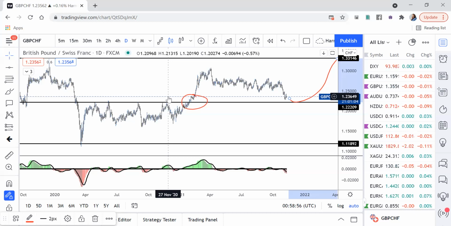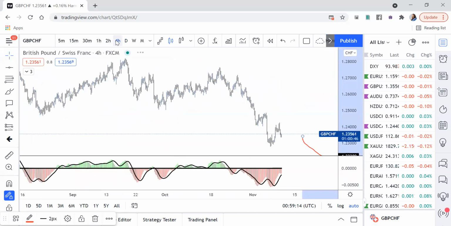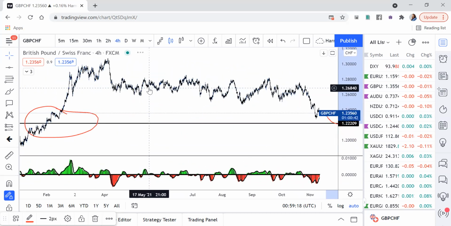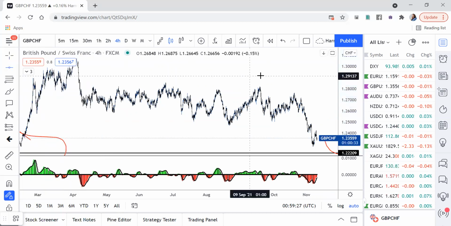If I was looking to sell G-Chef, I would have preferred to sell closer here, because right now I think selling G-Chef is a bit risky. But let's see. Let's drop down. So we have a lot of consolidation. Looking at this, I probably won't even want to trade it myself.